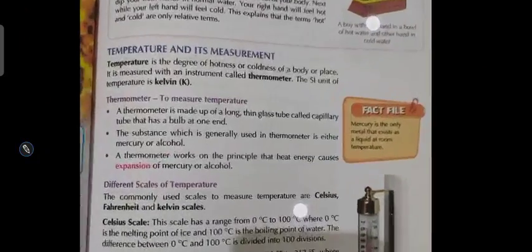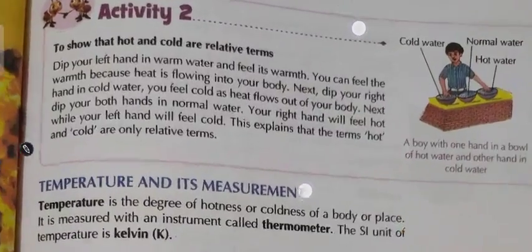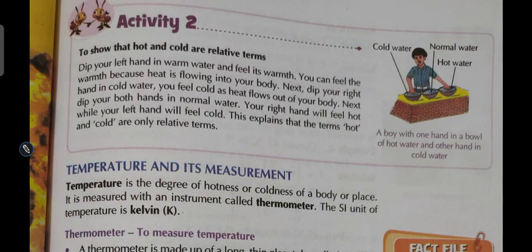And now students, there is another activity. In this activity, to show that hot and cold are relative terms, dip your left hand in warm water and feel its warmth. You can feel the warmth because heat is flowing into your body.